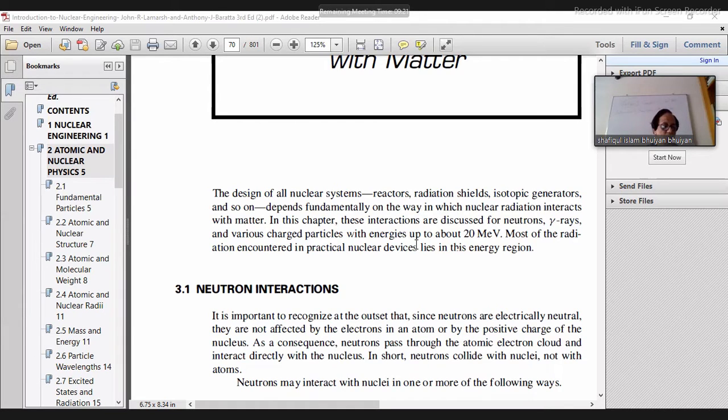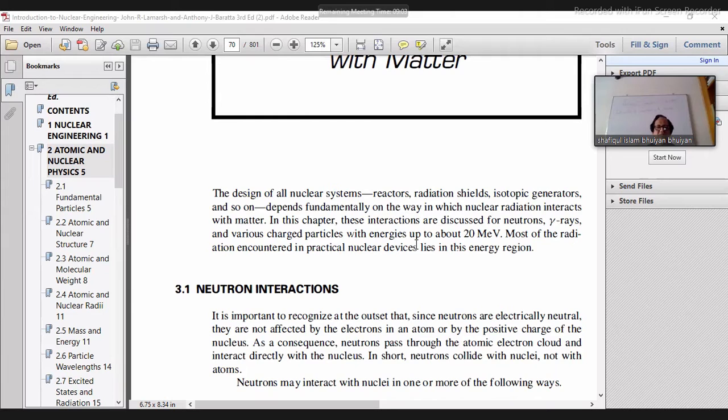So now let's talk about neutron interaction. First thing, the neutrons are uncharged particles. So they can pass through the electron cloud. Around the nucleus, there is an electron cloud.